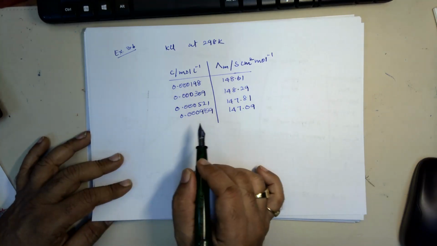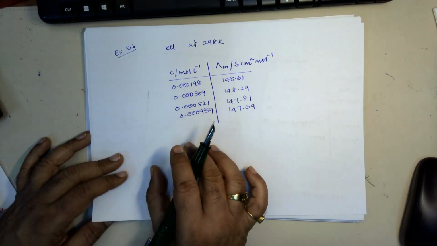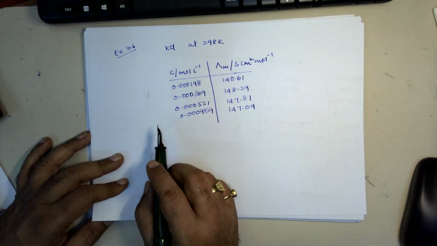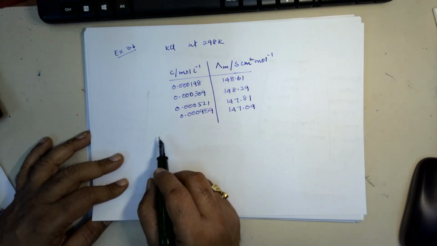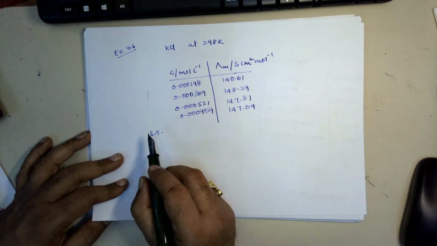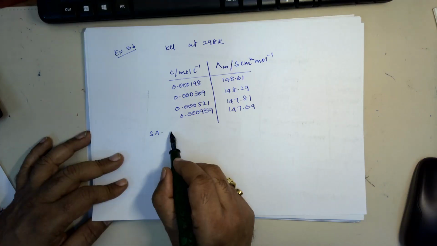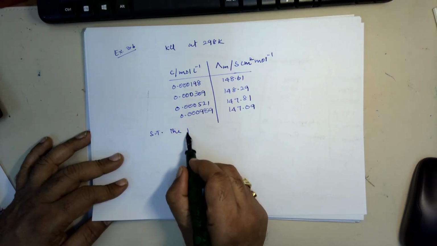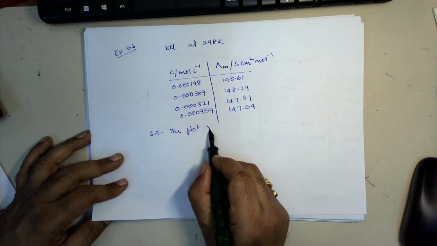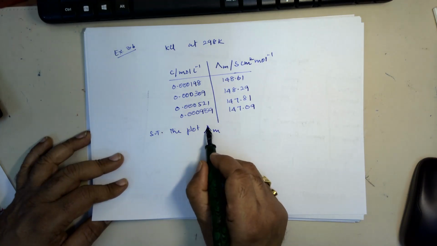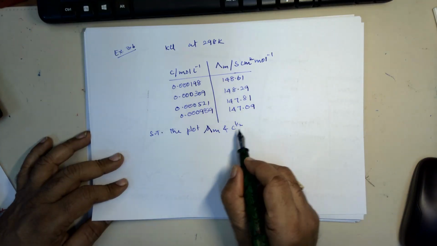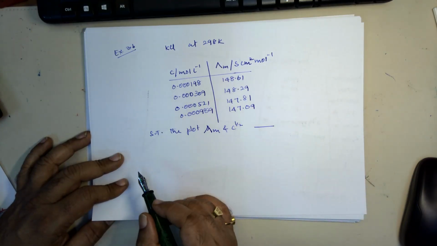Now, what they ask is: show that the plot between lambda m and C power 1 by 2 is a straight line. If you are given some graph sheet, you are supposed to use it. So, take down: show that the plot drawn between lambda m and c power 1 by 2 is a straight line.